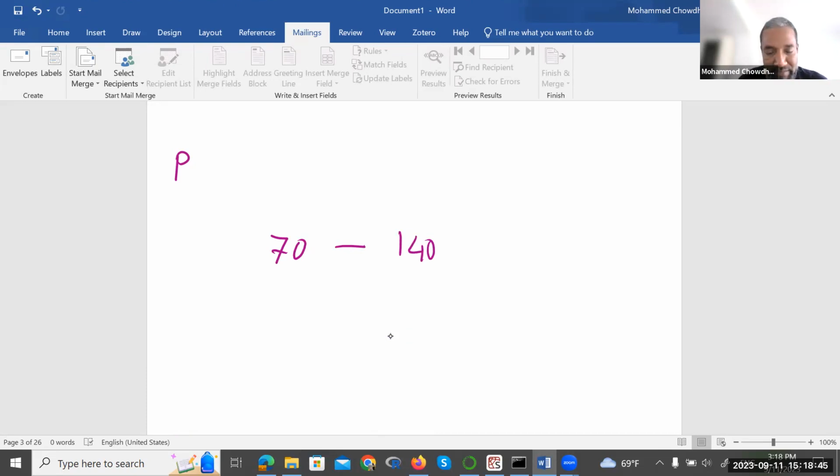So you have to categorize them. 70 to 90 is blood pressure category 1, 90 to 100 is category 2, and similarly up to 130 to 140.